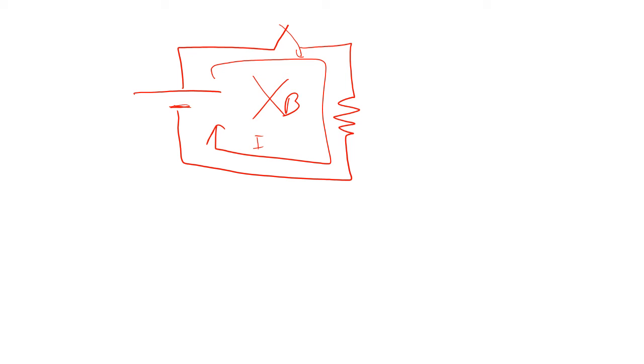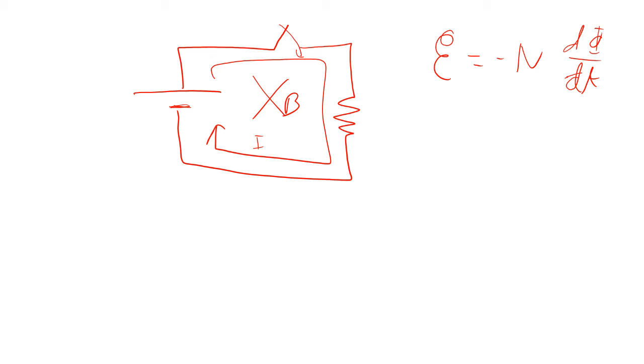Well, we know that EMF was minus N times the derivative of the flux. By the same token, the flux has got to be proportionate to the current. The bigger the current, the bigger the magnetic field.